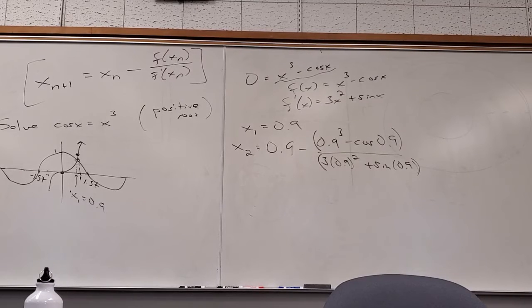All right, you guys, we'll do this one. 0.9 minus. Should you put another bracket around the whole thing? Because now it's going to take 0.9 minus that and then divide the whole thing.